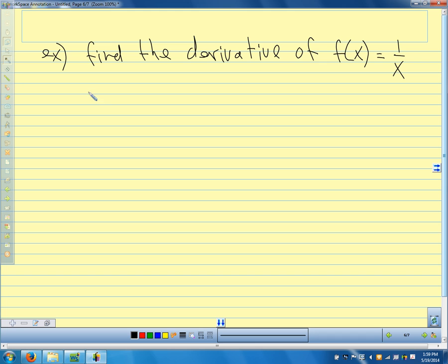So our derivative is the limit as h approaches 0 of f of x plus h minus f of x over h.